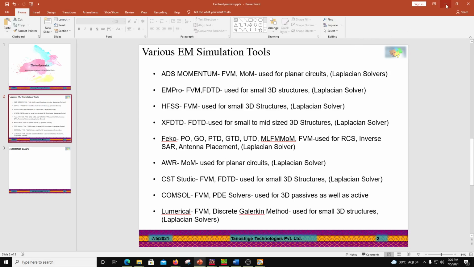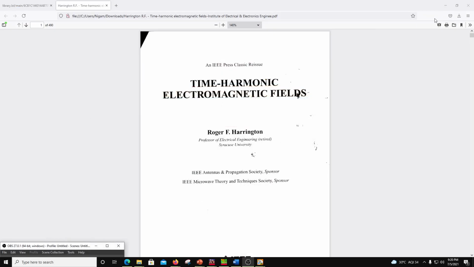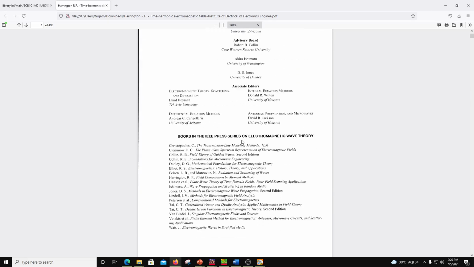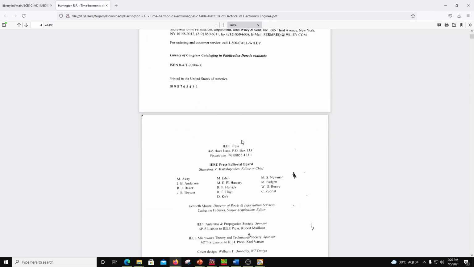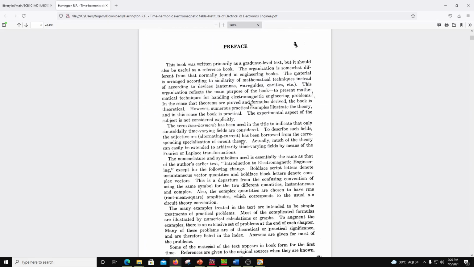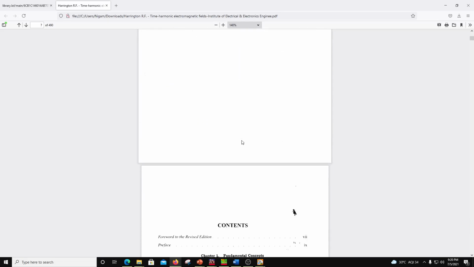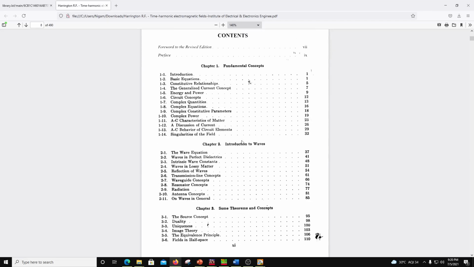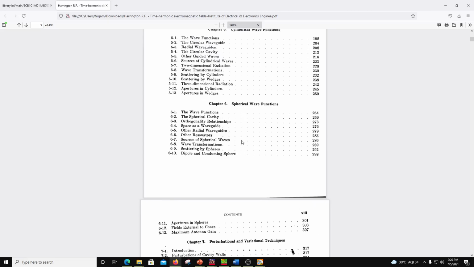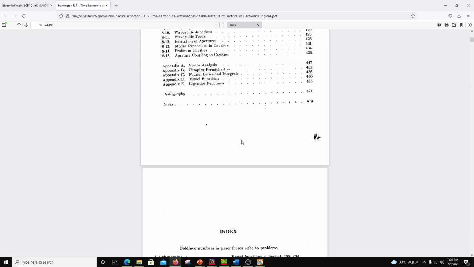When it comes to method of moments, my work starts from R.F. Harrington, and this is a seminal work on method of moments. It is available online, but it is out of print right now. So if you were going to write a method of moments code, you should refer to this book to start with.